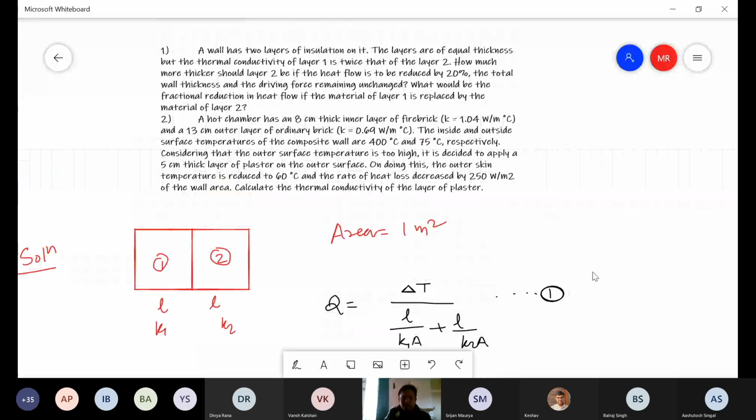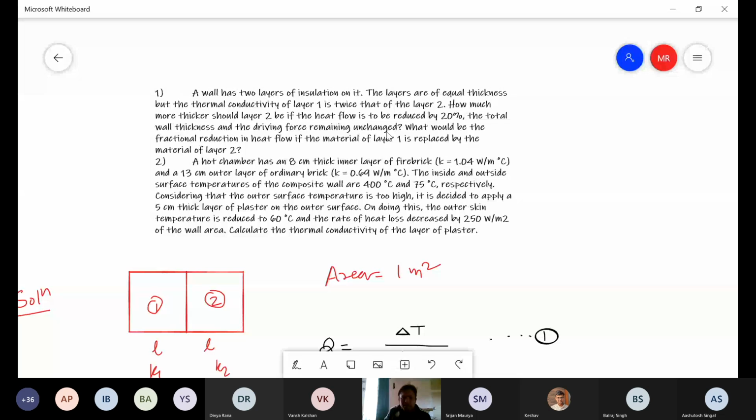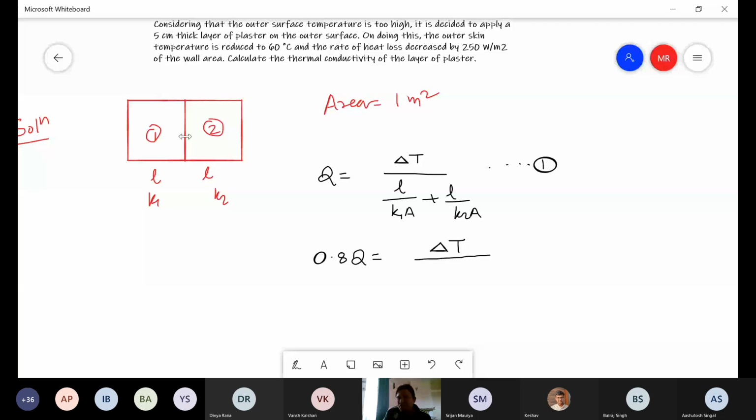Total wall thickness remains unchanged, that means the total wall thickness, which is now twice L, is going to remain the same. But internally, the boundary between these two layers is going to shift. So how much should this boundary be shifted in order to have a 20% reduction in the rate of heat loss? That is what is being asked.